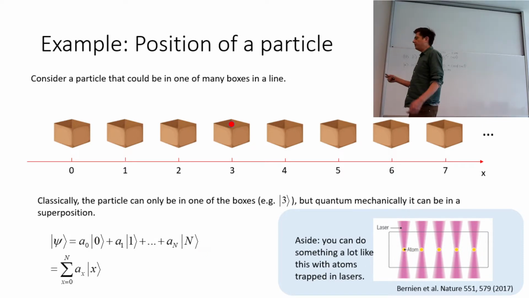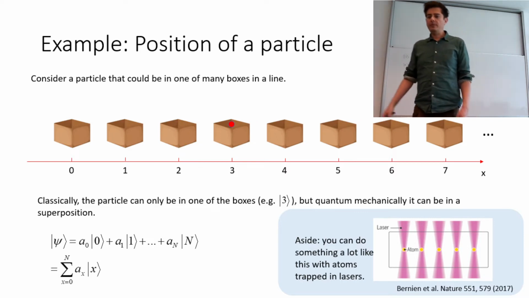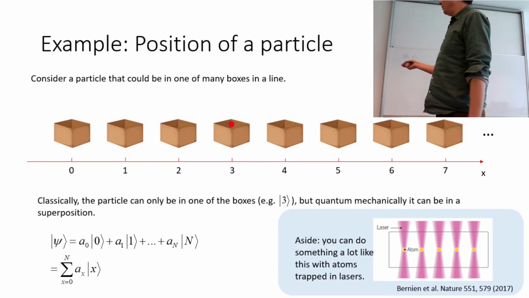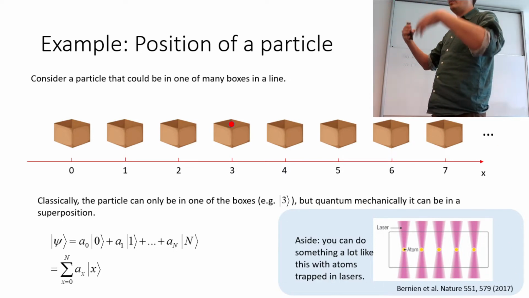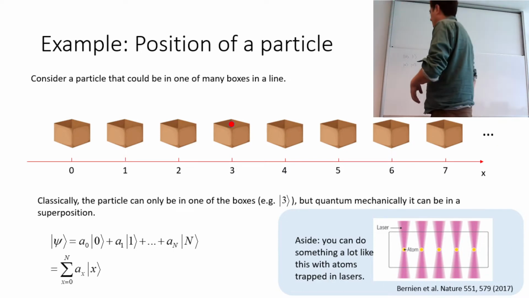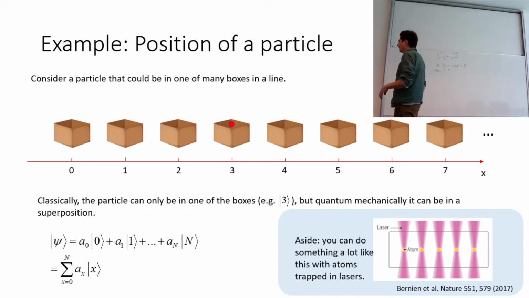If you shine a laser and focus it, and if you use the right wavelength, and you put this whole thing in a vacuum, so there's no air molecules bumping into the atoms and disturbing them, then you can actually levitate the atoms in midair like this.